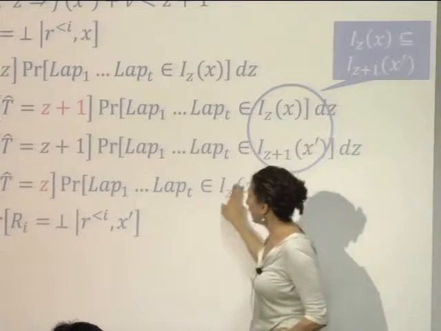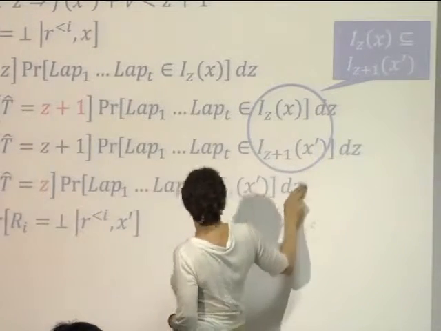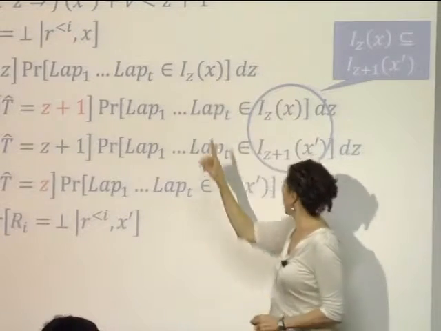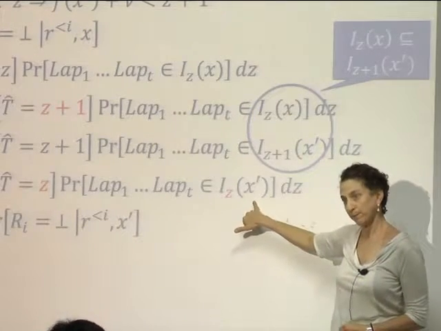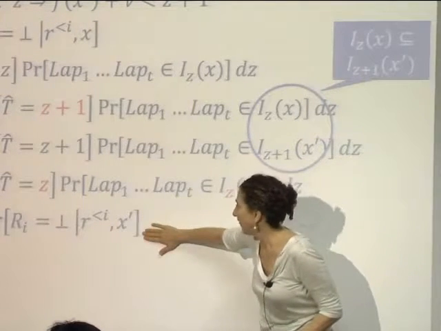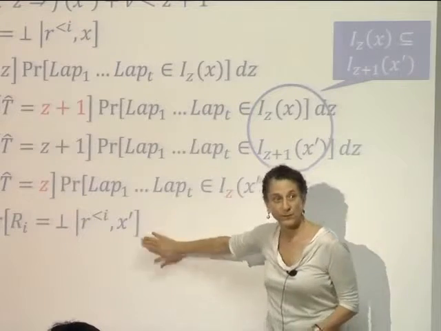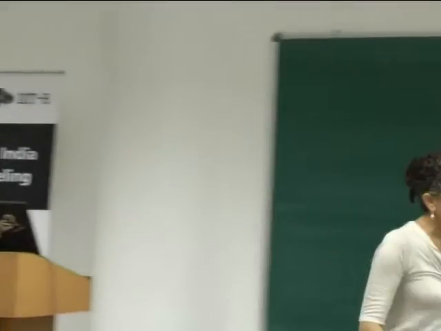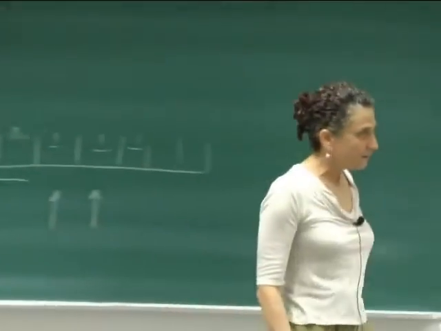But look at the form of this. It's exactly the form of what we started out with here, only instead of having an x, we have an x prime. So this is exactly that. Yes? What is small t?